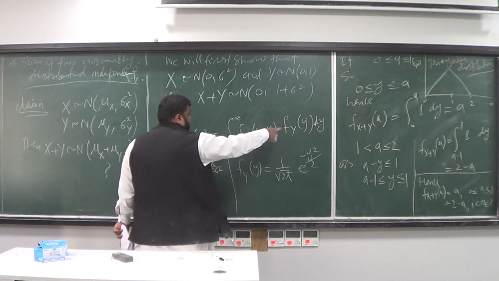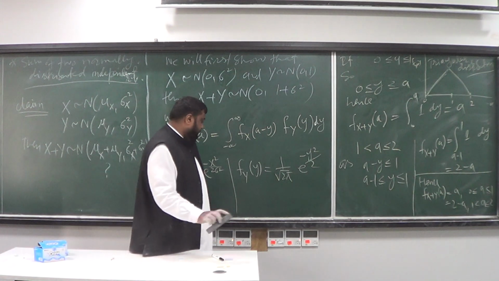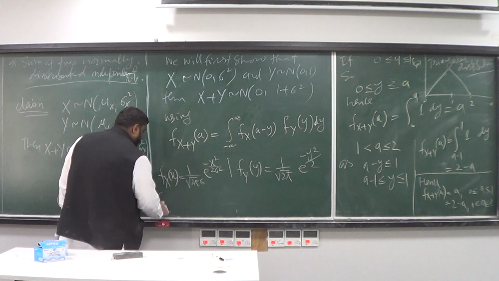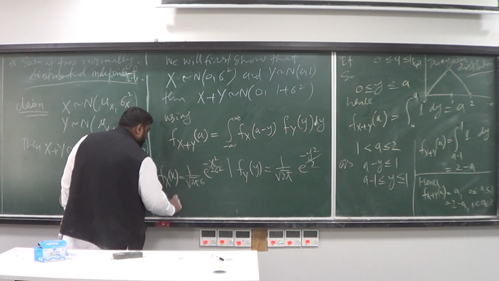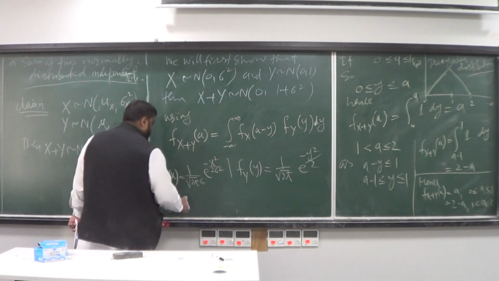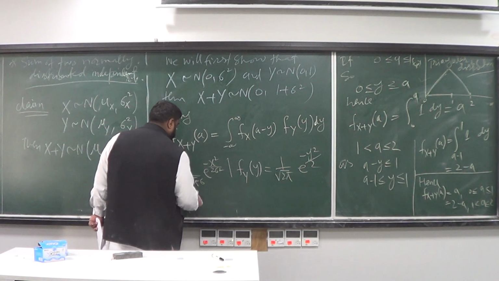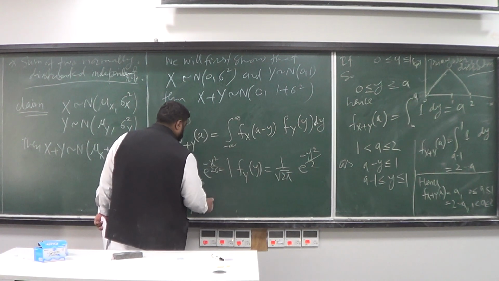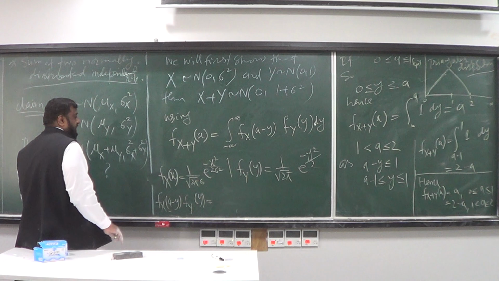So what would be this product if you compute it explicitly? f_X(a minus y) times f_Y(y) is going to be what?